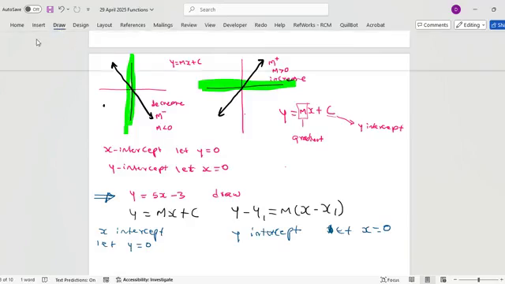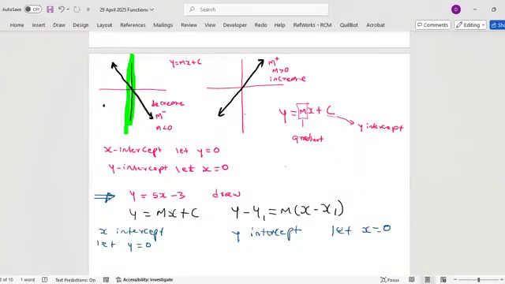Now, if I'm saying find the x-intercept, it means I'm saying find the value of x on the x-axis. And we know on the x-axis, the value of y is 0. That's why I'm saying let y equal 0. If I'm saying find the y-intercept, I'm saying find the value of y on the y-axis, and that means the value of x on the y-axis is 0.